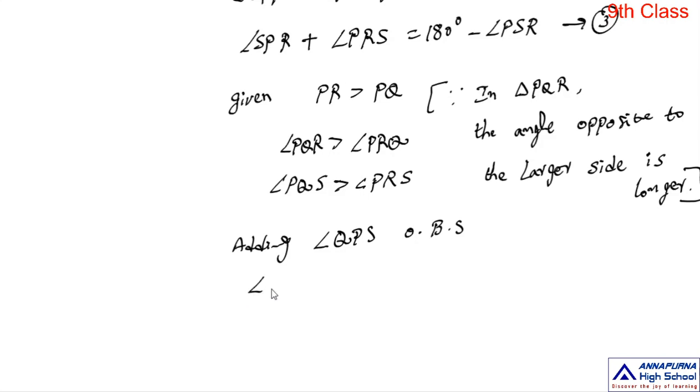So angle PQS plus angle QPS is greater than angle PRS plus angle QPS. Adding the angle QPS on both sides in the above inequality.